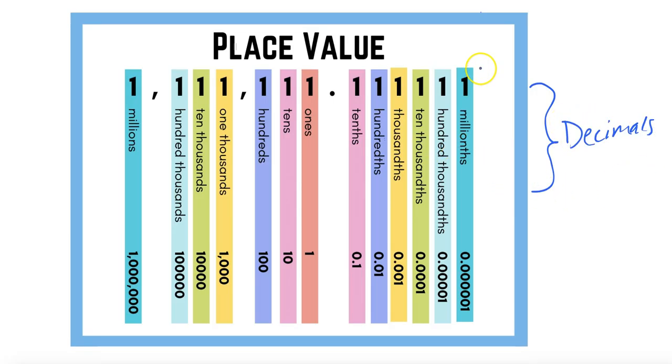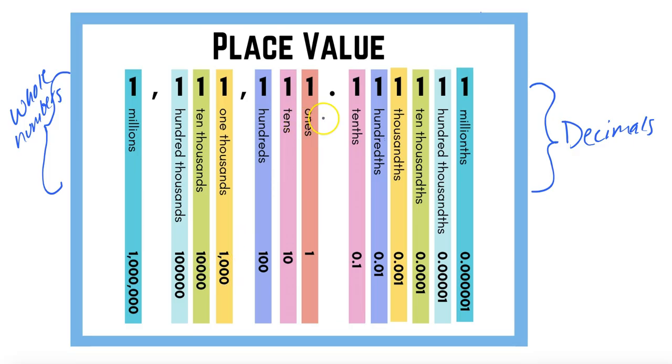Decimals are essentially parts of one whole, but we don't get exactly to the one whole. If we do, then we move it over to the other side, which is a lesson that we will see later on. So this is the decimal side. Now to the left side of the decimal point, we have the whole numbers.